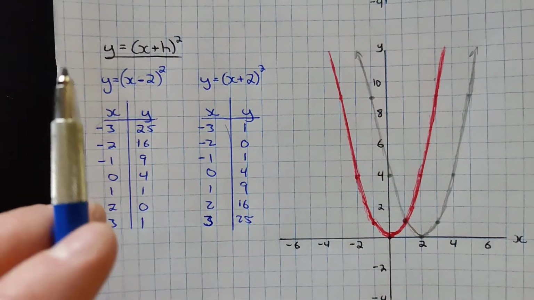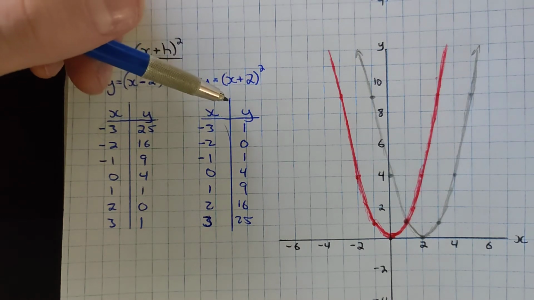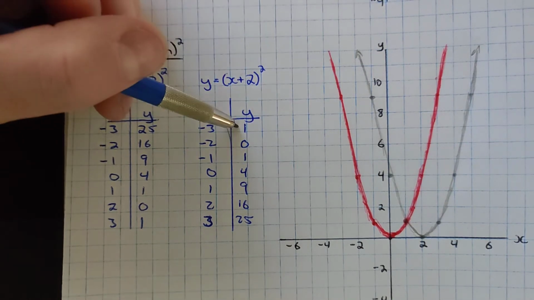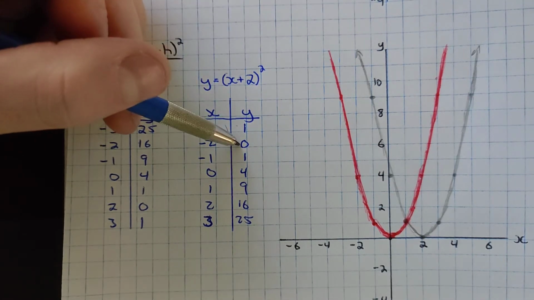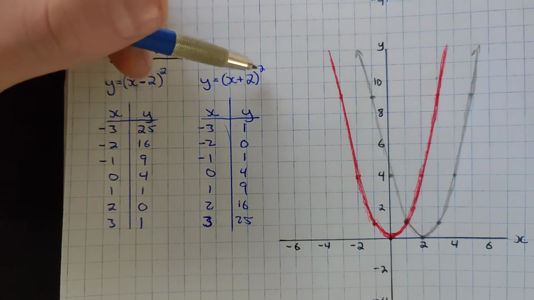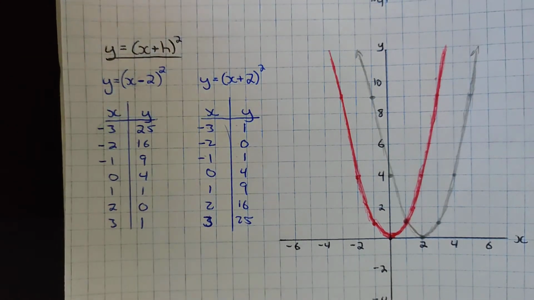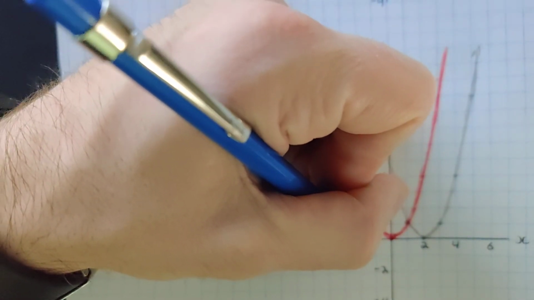When I add 2, I have -3 plus 2, which is -1. -1 squared is 1. -2 plus 2 is 0. 0 squared is 0. -1 plus 2 is 1. Squared is 1, so on and so forth. So when I get all those points, what I have is something looking like this.